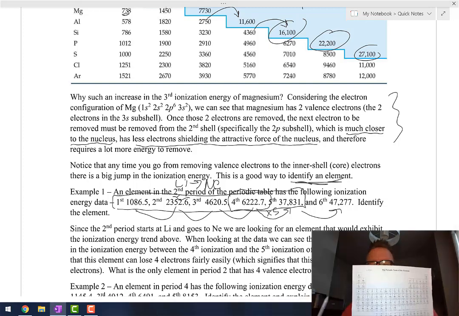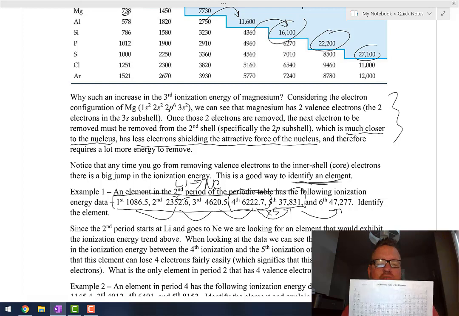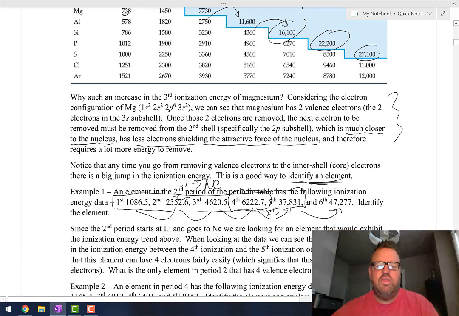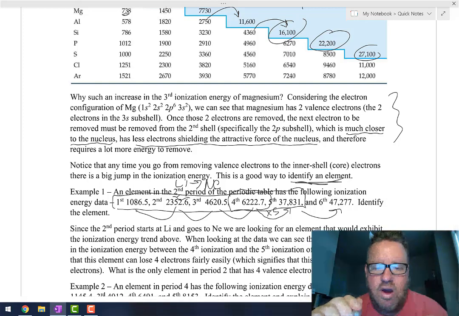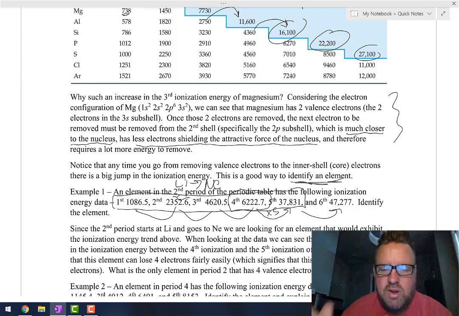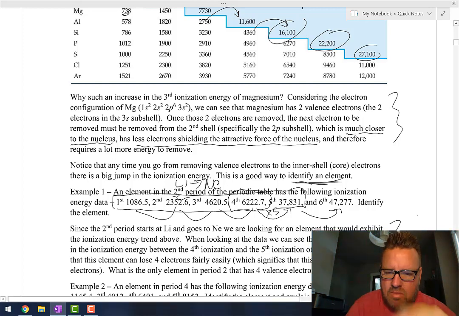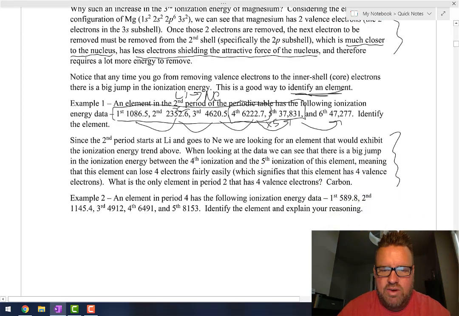So I look at my periodic table and I go, lithium 1, beryllium has 2, boron has 3, and carbon has 4. So we know that this element must be carbon, because the only element in period 2 that has 4 valence electrons is carbon. Okay, and again, I explained that. Maybe read that, and that will hopefully help you understand that.